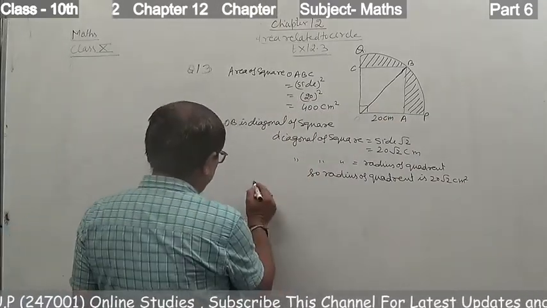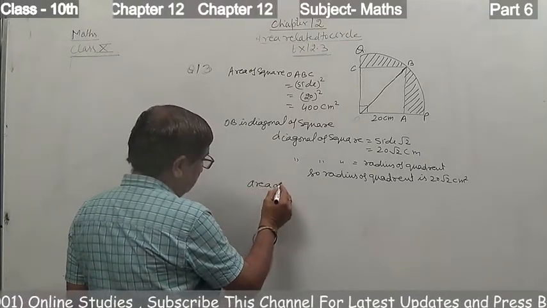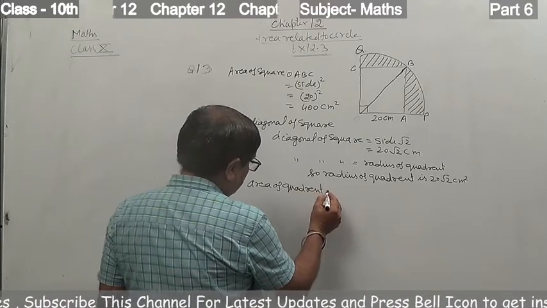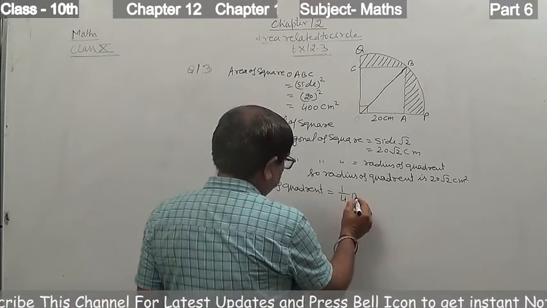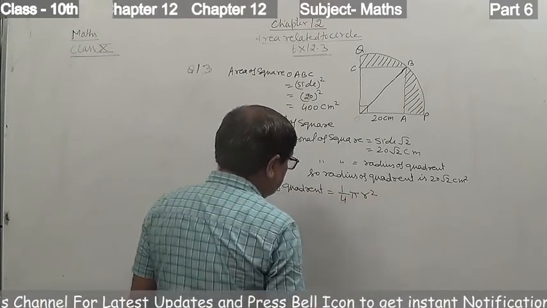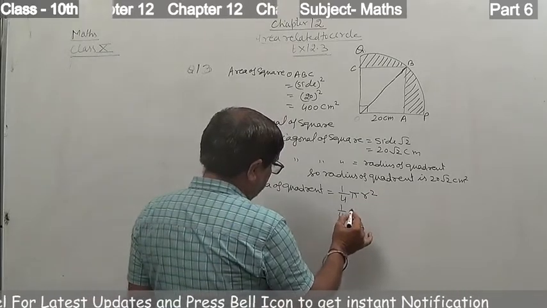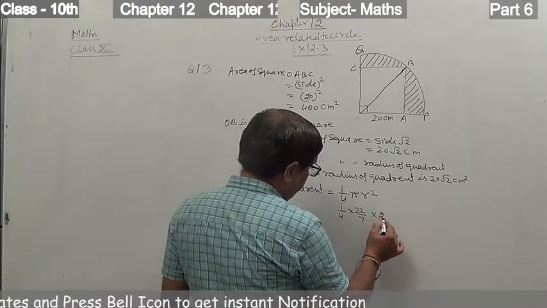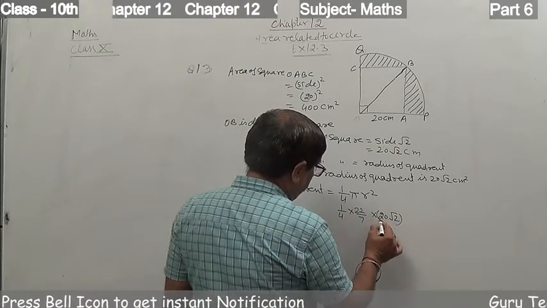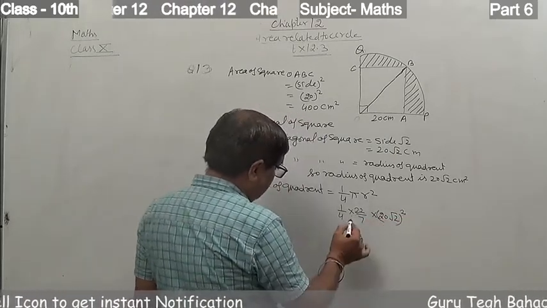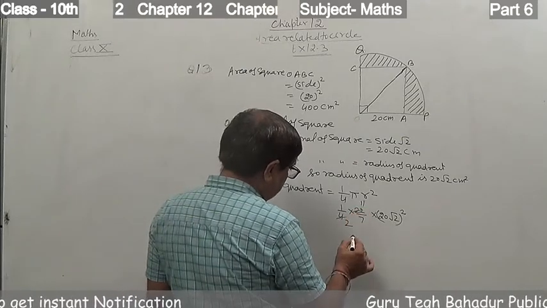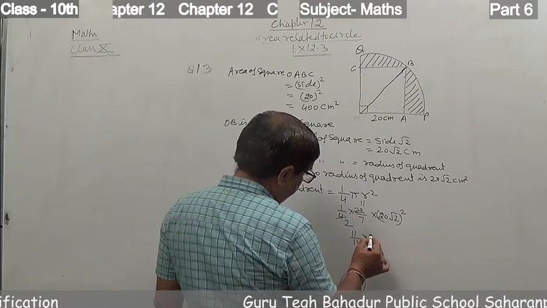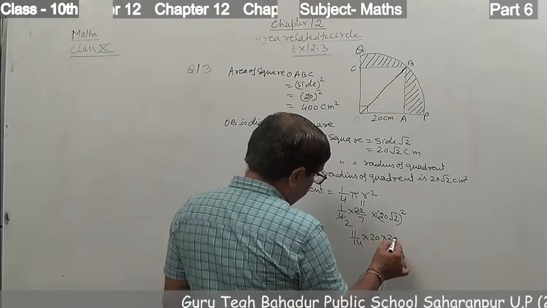So, area of quadrant is 1/4 pi r square, 1/4 into 22/7 into 20 root 2 square. 2 2's are 2, 11 and 11/14 into 20 into 20.